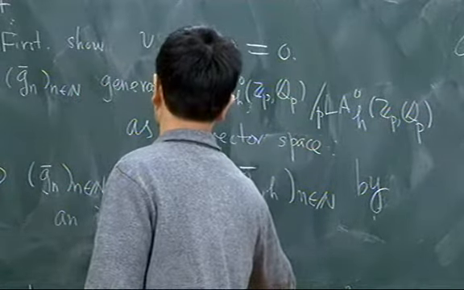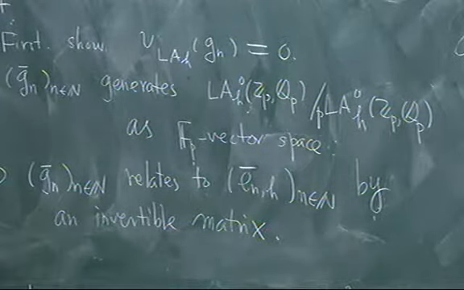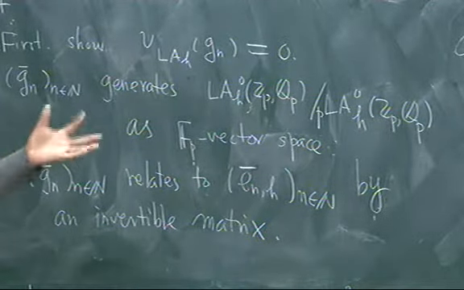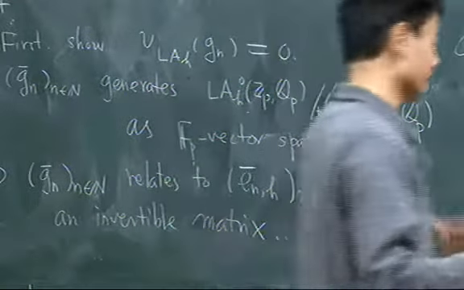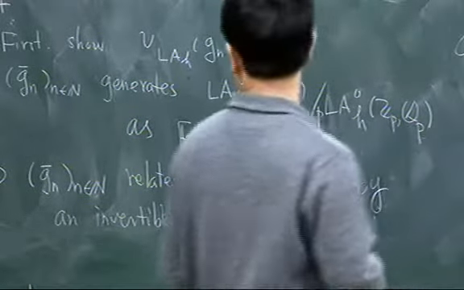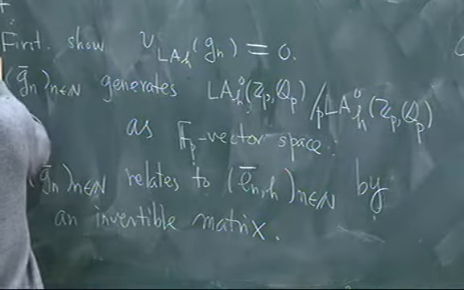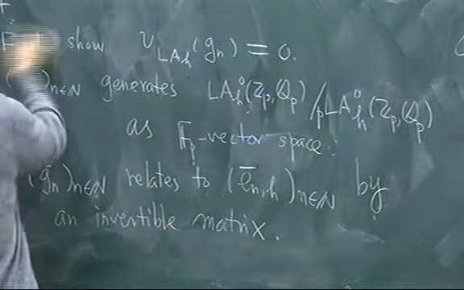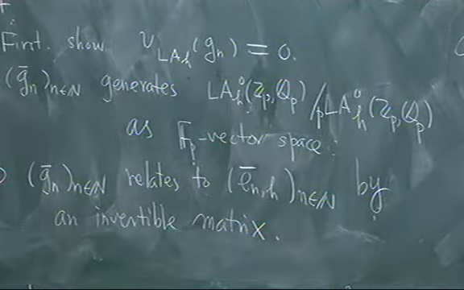Of course, this looks like an infinite invertible matrix, but if you can express each in terms of the other, then they are bases. So this is the idea of the proof. There are two steps, but these two steps are not so easy.